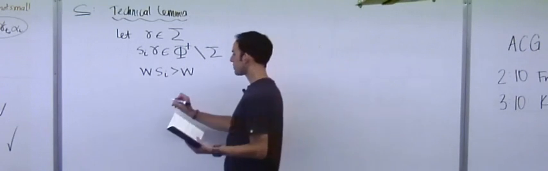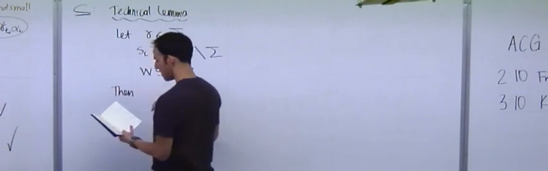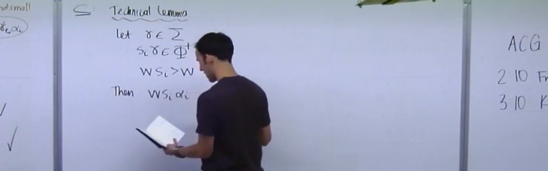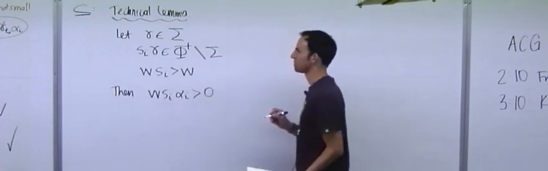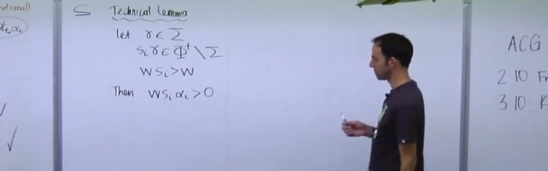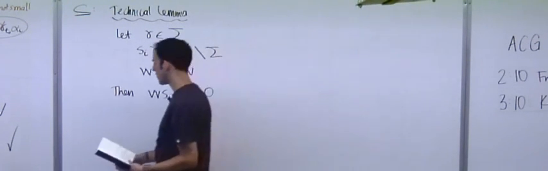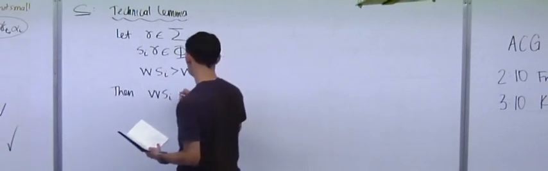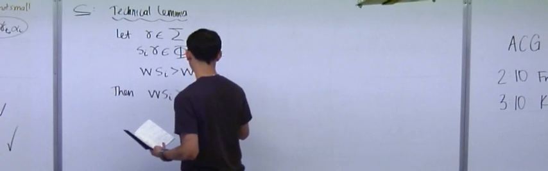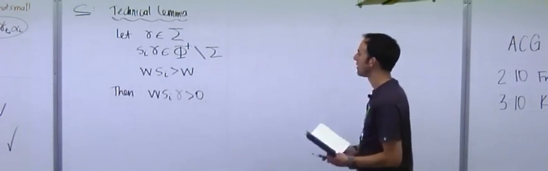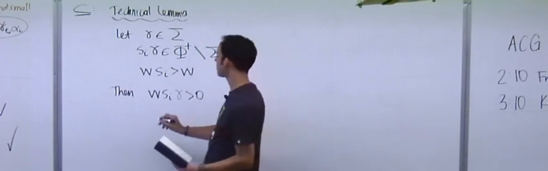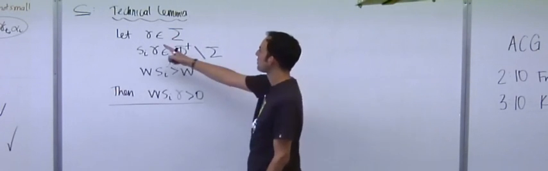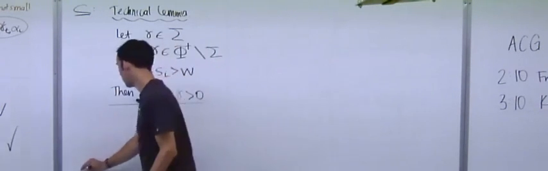So if I have these conditions, then I can conclude that WSi gamma is positive. Okay? So let's figure out what this means. And once we figure out what this means, you'll see that the proof is pretty simple. So we have some small root, right? So that means that we're here in the root poset.